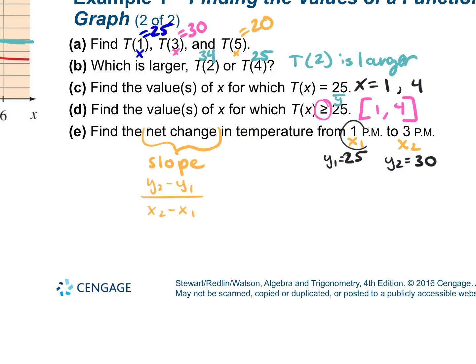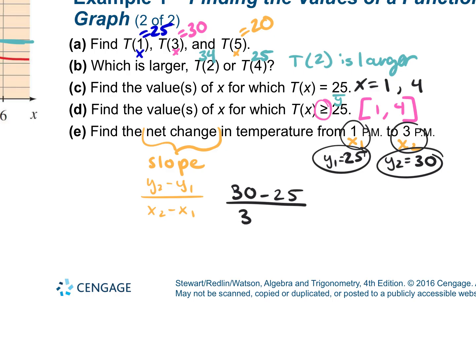So we're going to plug these in to our slope formula. So we have 30 minus 25 over x2 is 3 minus 1. So that gives us what? 5 over 2. Perfect. So that would be our net change. 5 over 2.